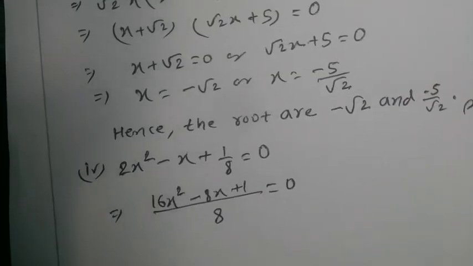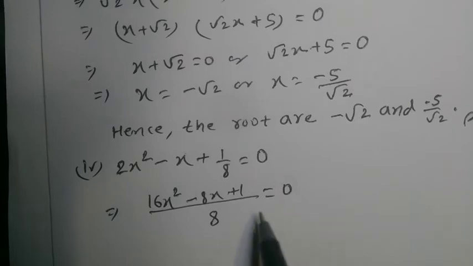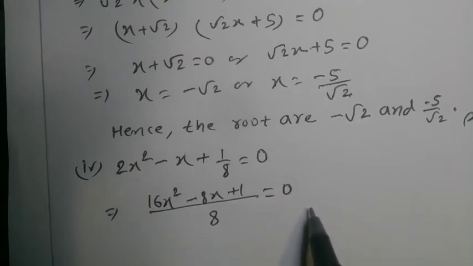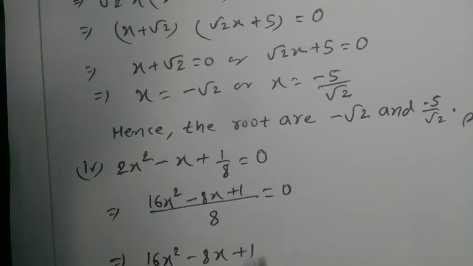Now the 8 goes to the other side, in the position of divide, so on the other side it becomes 0 into 8, that is equal to 0. So we write here 16x square minus 8x plus 1 is equal to 0.